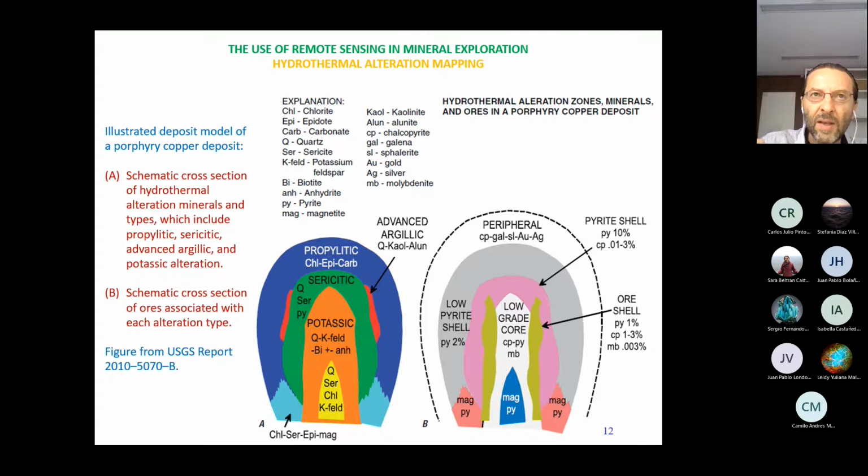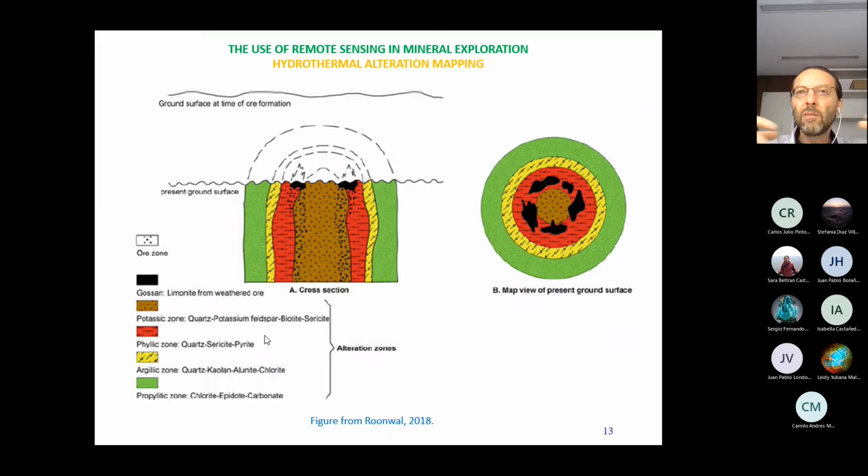So in theory, this is the theoretical structure of a porphyry system. So imagine what happens. Geologically speaking, you might look at a system that is exposed and that suffered erosion. So today, if we are lucky and if it's not buried, some of these zones will be exposed due to erosion.